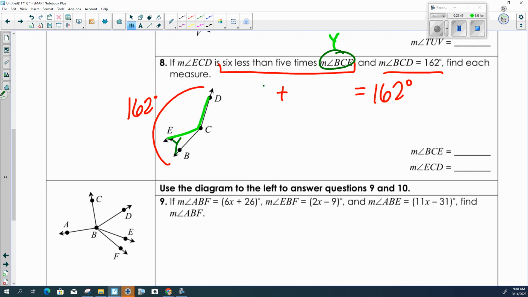So 6 less than 5 times BCE. That's how I'll write it. The 6 less than is funny. You do work backwards. When it says less than, you put the 6 and you move to the left. So this is 5y minus 6. And this is y.